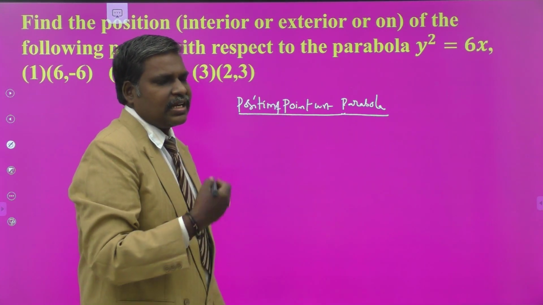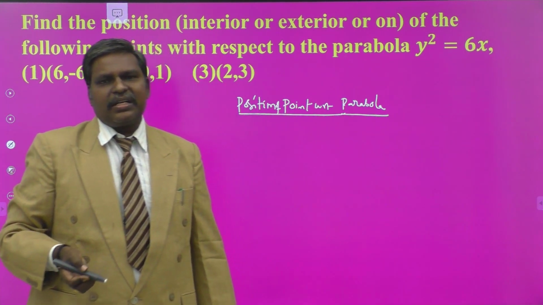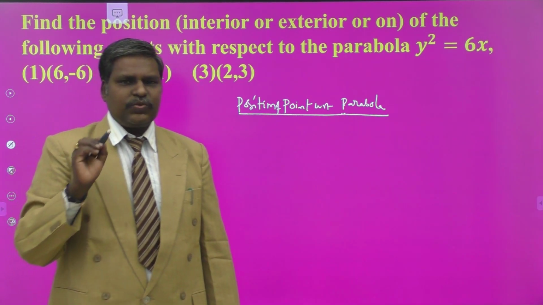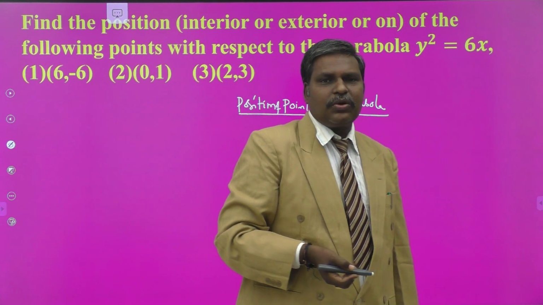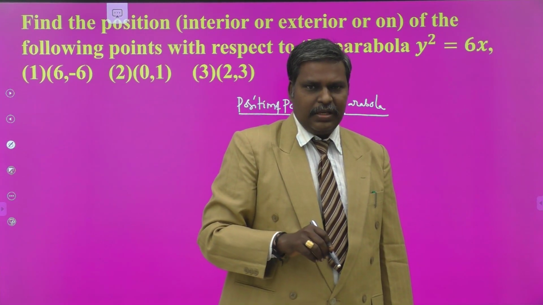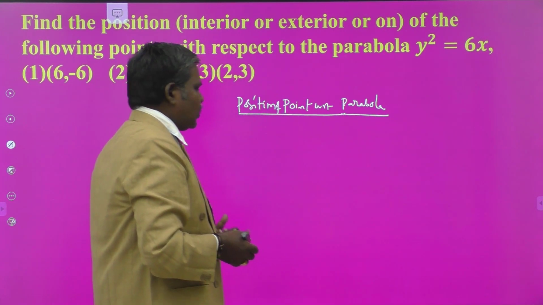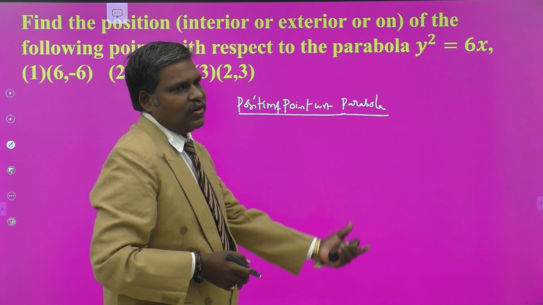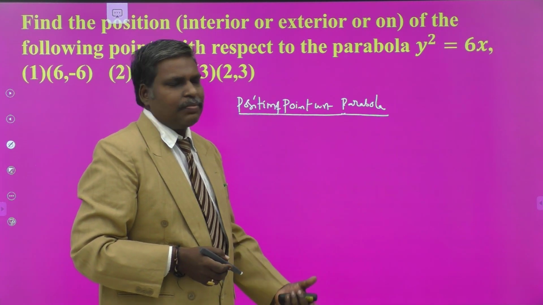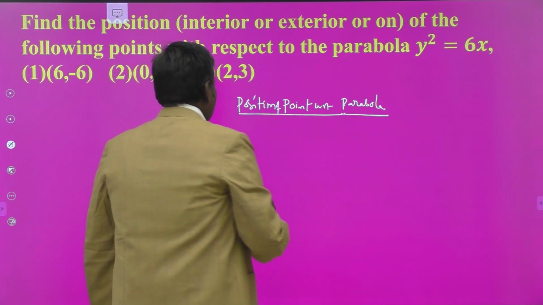How to obtain that? In the circles chapter, if S11 greater than 0, the point is outside; S11 less than 0, the point is inside; S11 equal to 0, the point is on the circle. In the same manner here also, S11 greater than 0 is outside, S11 equal to 0 is on, S11 less than 0 is inside the parabola. Let us see how to obtain that.